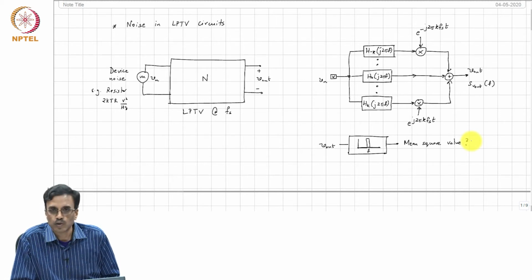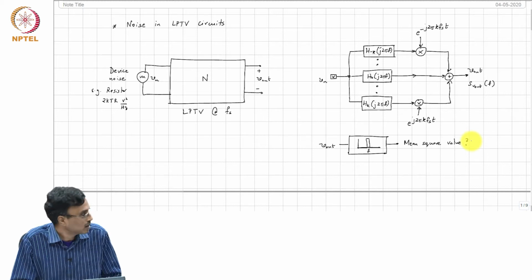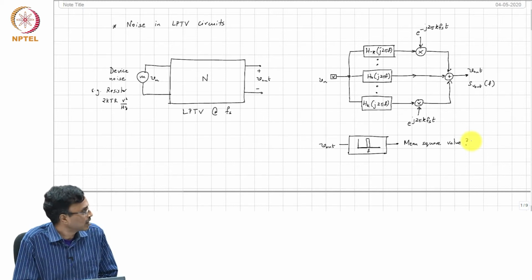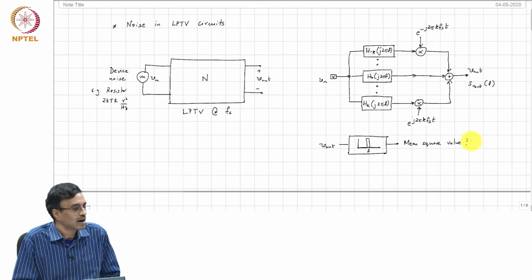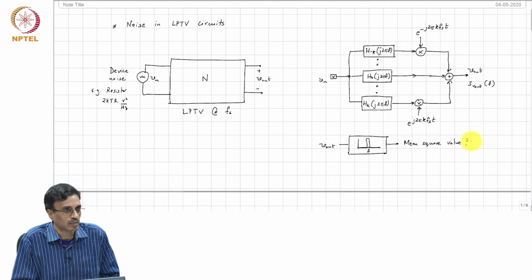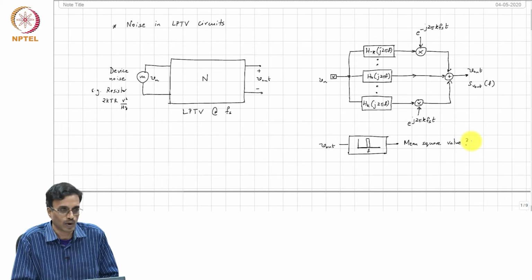You also have to worry about noise at f plus or minus k times fs. And because you have to worry about noise at multiple input frequencies, we obviously have to worry about the transfer functions from those frequencies to the output. So, that is one aspect.